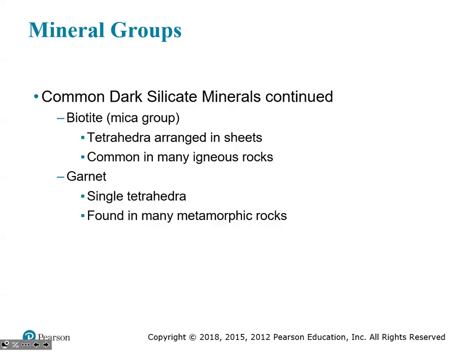Again, tetrahedra arranged in sheets, common in many igneous rocks, but these are ones with iron or magnesium in them. Garnet is single tetrahedra. This is found in many metamorphic rocks. Certain types of gemstones are common in metamorphic rocks because they basically recrystallize out of the other minerals.